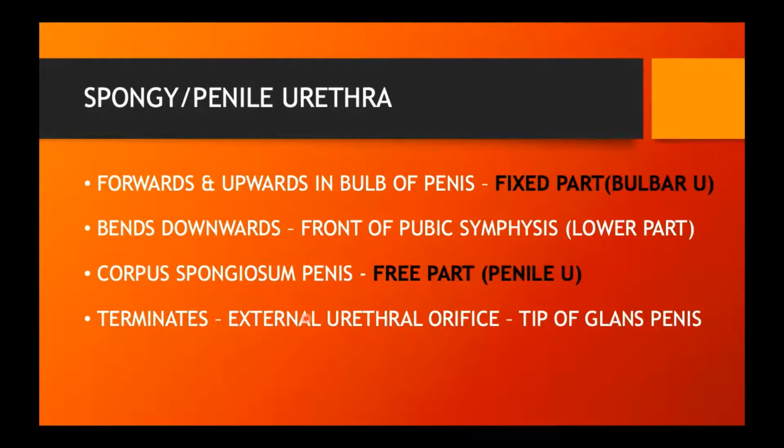And then further it bends down in front of the pubic symphysis to continue as the lower part. It is actually entering into the corpus spongiosum of penis. Then we call it as the free part or the penile urethra. And this penile urethra will terminate at the external urethral orifice at the tip of the glans penis.